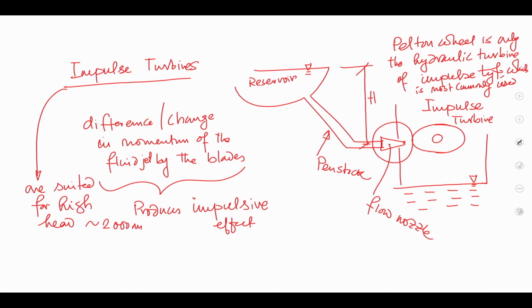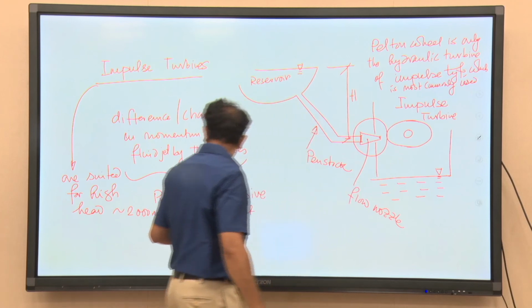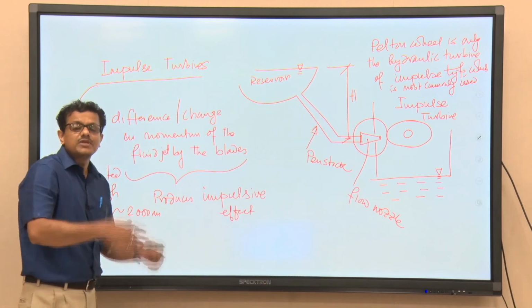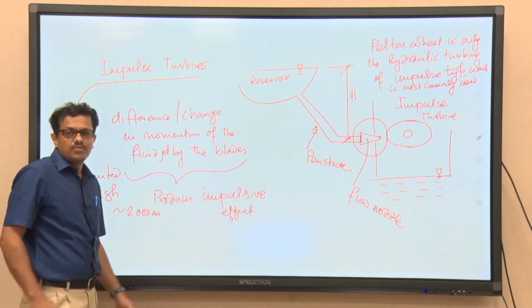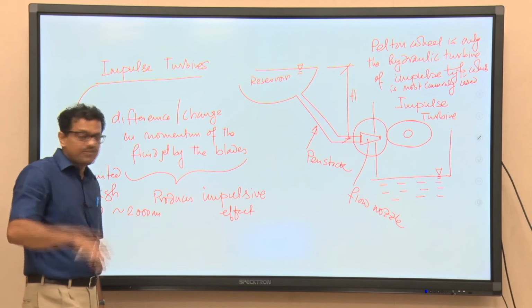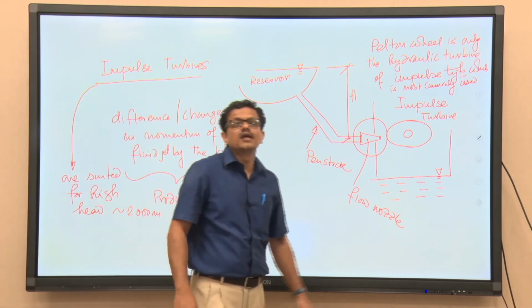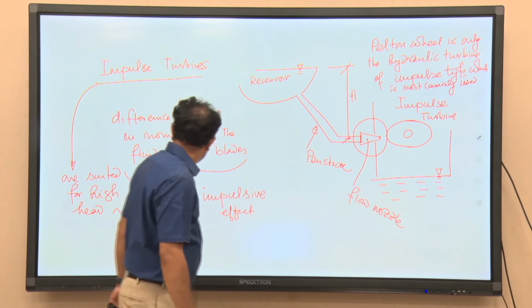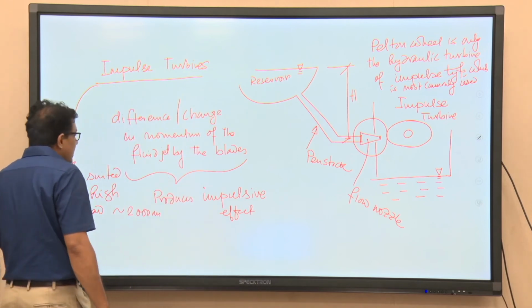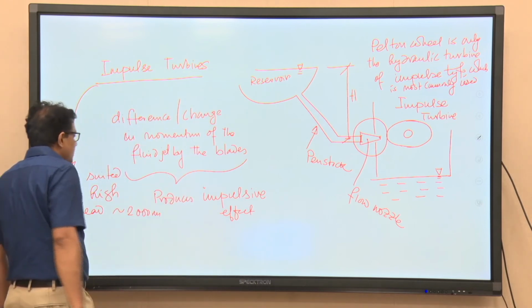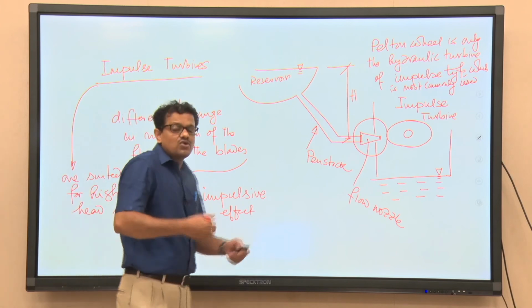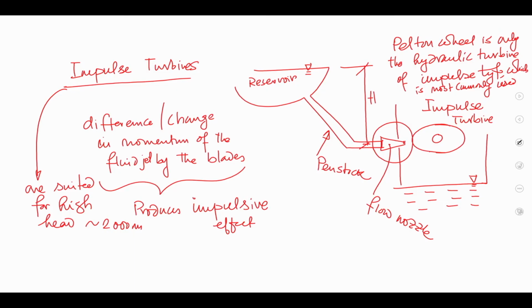So, the head which could be made available at the inlet to the turbine will be of the order of 2000 meter for the efficient operation of the plant which has a Pelton wheel as the hydraulic turbine. Okay. And you know that this Pelton wheel is also known as a tangential flow turbine.